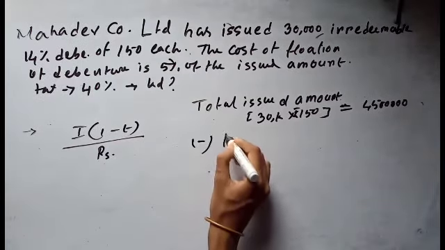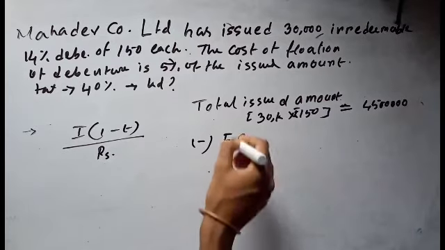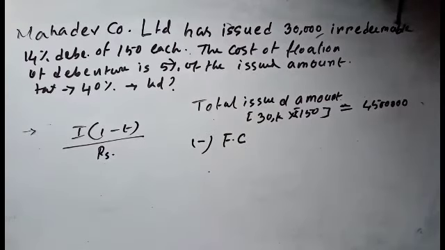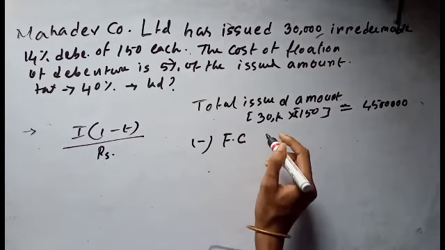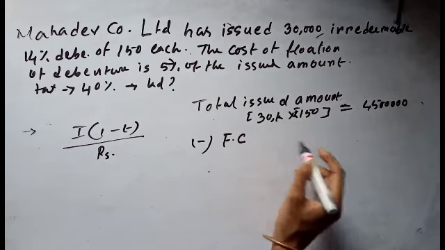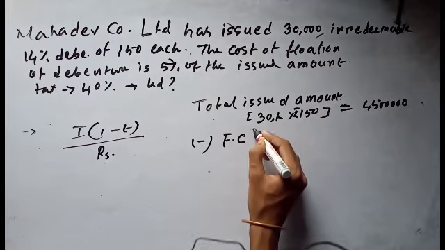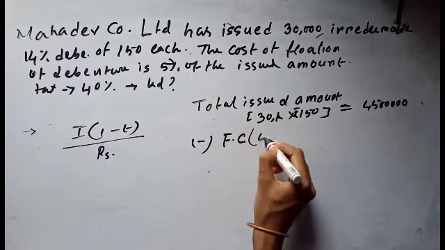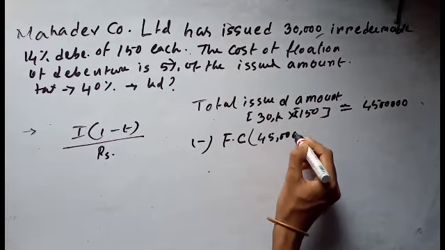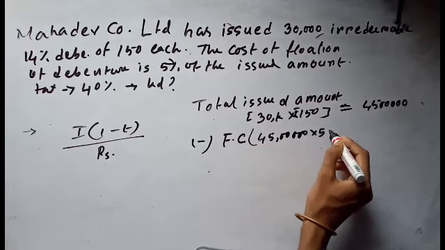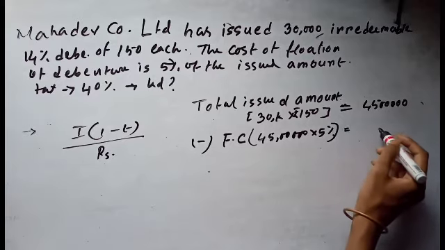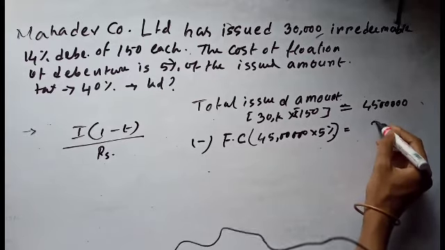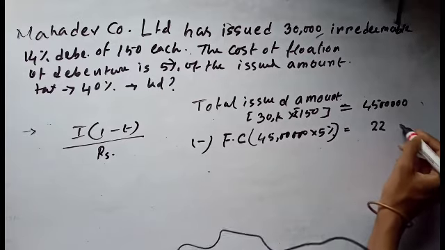If you deduct the flotation cost, we know that we have to deduct the flotation cost from the issuing price, which is 5% of that 45 lakh, which is 2,25,000.